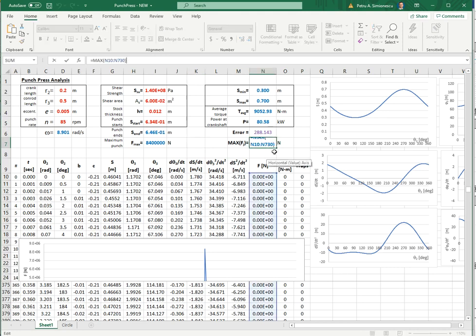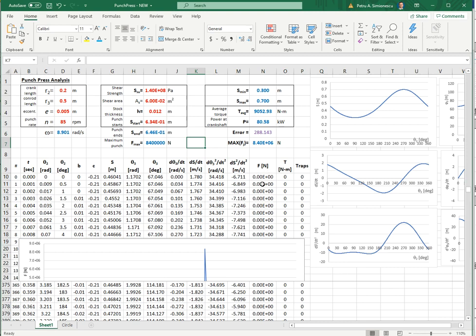And then, what else? I'm recording the maximum force, and I'm comparing the maximum force as it's programmed by this equation.